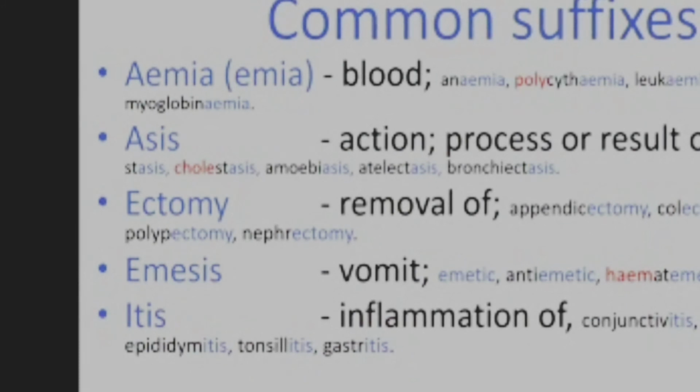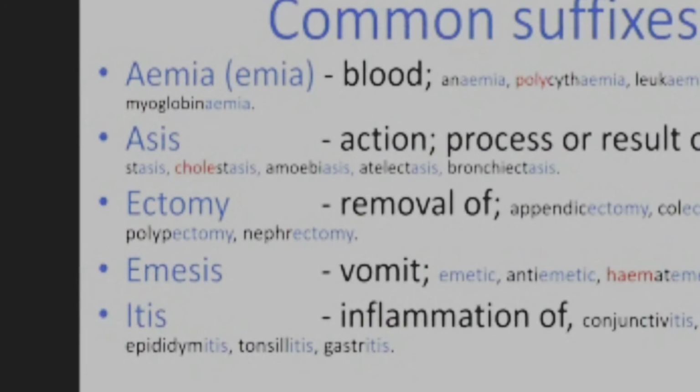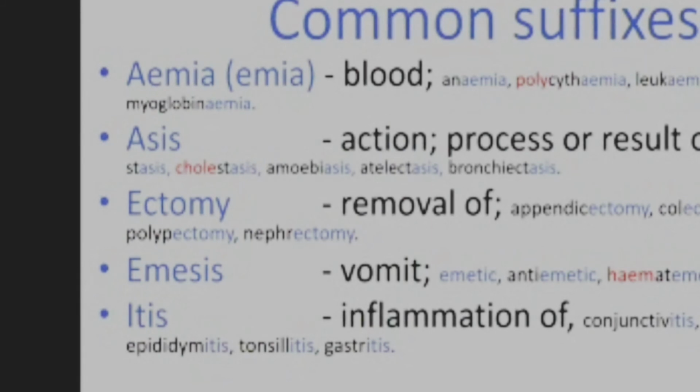Ectomy is surgical removal. It could be removal of anything, but it's a removal from the body. So appendicectomy is removal of the appendix. So colectomy, polypectomy, and nephrectomy. Nephro is something to do with the kidney.